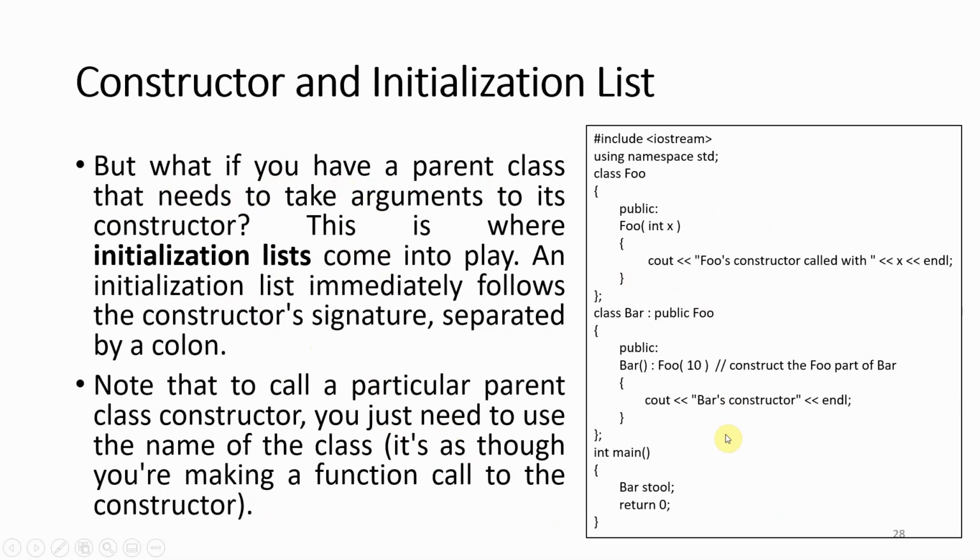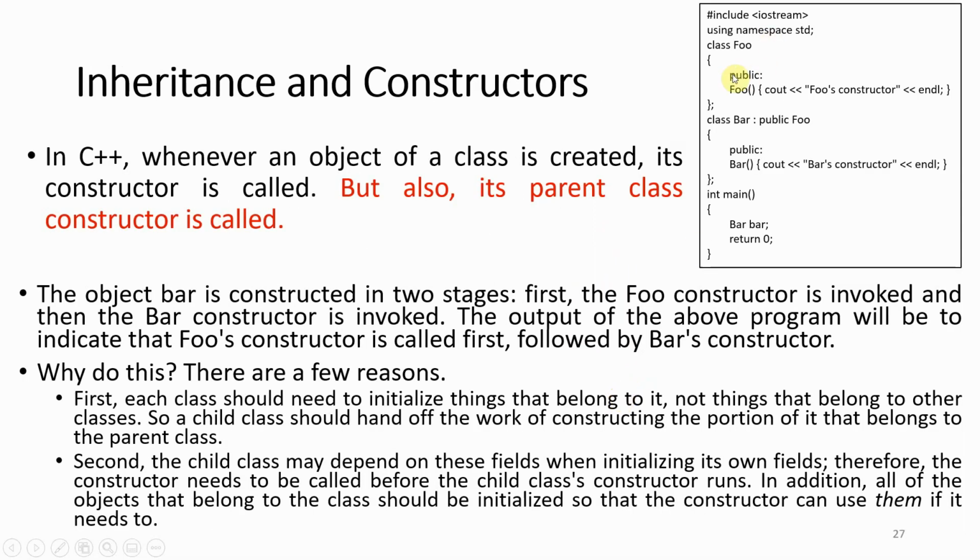Okay, so what if you have a parent class that needs to take parameters? Let's look at this one. By default, the child class constructor would only call the default constructor from the parent class. Let's assume that here we didn't have a default constructor, instead we had a non-default constructor.